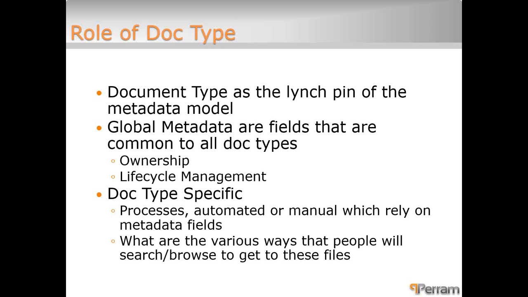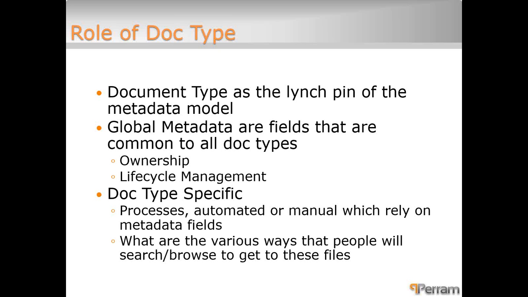Those metadata fields can be broken up into global fields. Obviously, you're going to have some that might cross all document types, such as owner of the document, your retention information. You might want that on all documents. And then you're going to have your doc type specific metadata types. So those are going to be things that support your processing, either automated or manual processing of those files over time.